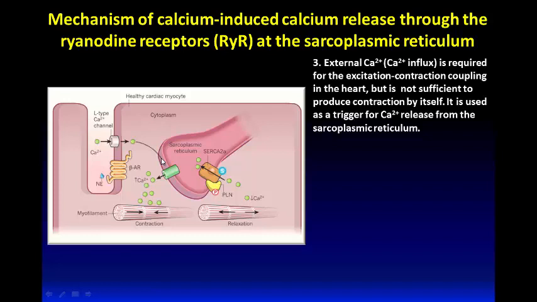So we have an influx of calcium from the extracellular space into the myocytes.